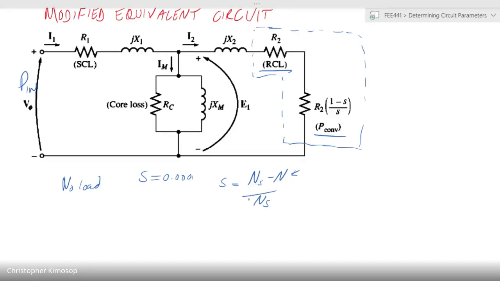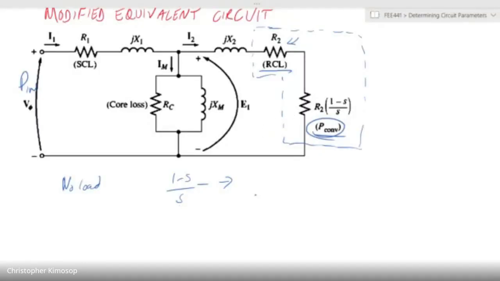That is, the difference between the two of them will be very small. So when you look at (1 − s)/s, with s being extremely tiny, it will be a very high figure. So this converted power is a very high proportion of what is there, and the rotor copper losses on this side are a smaller proportion of the same.